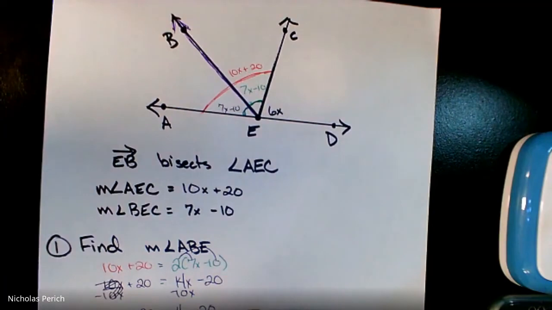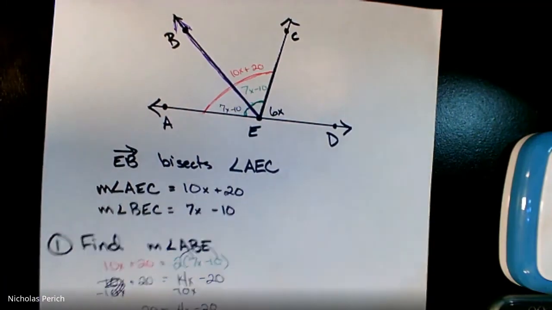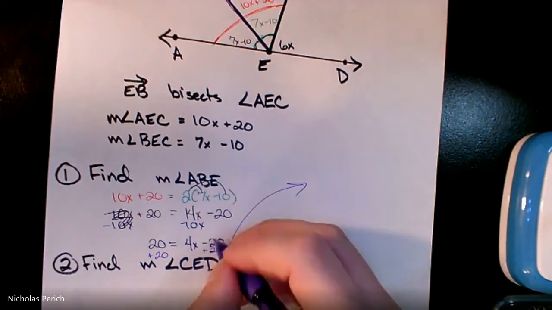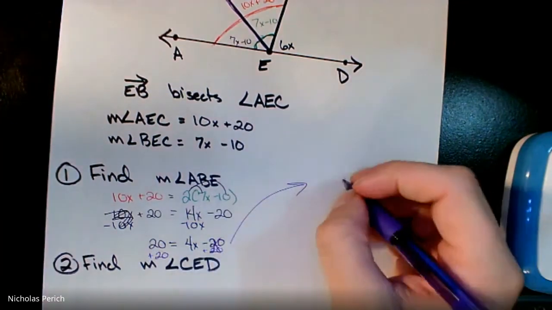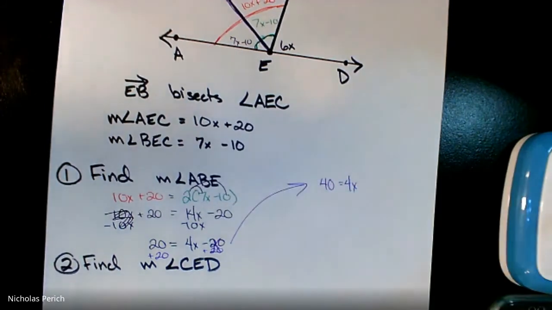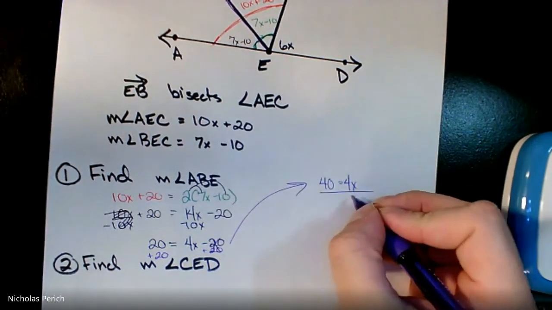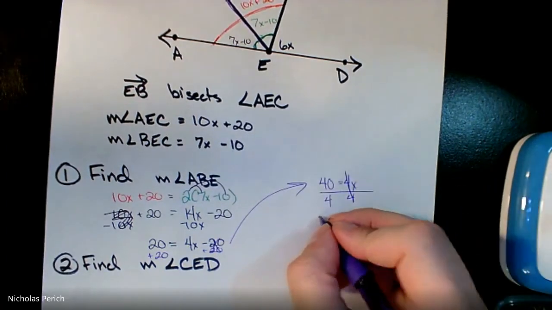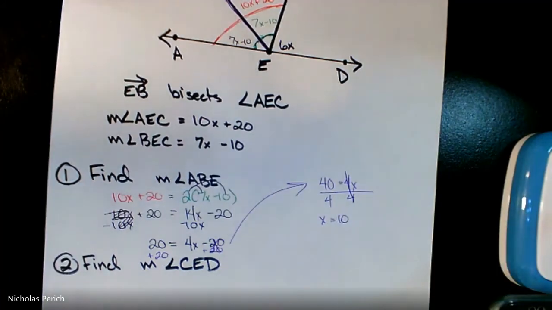If I add 20 to everything, that crosses out, and I get 40 equals 4x. Divide both sides by 4. I don't know why I drew that big line like that, but divide everything by 4, and x equals 10.